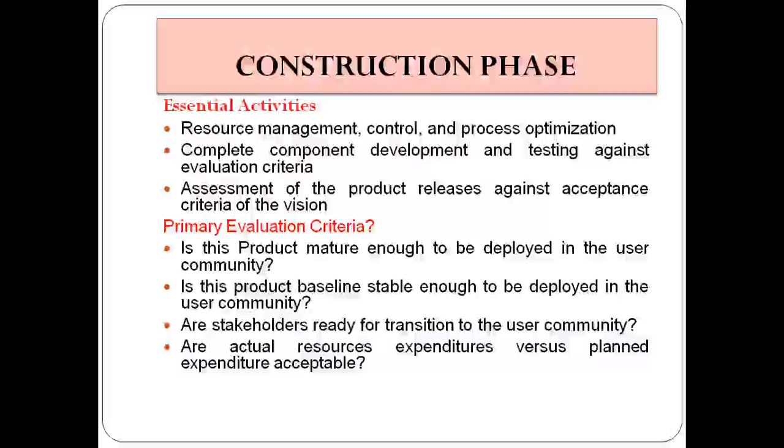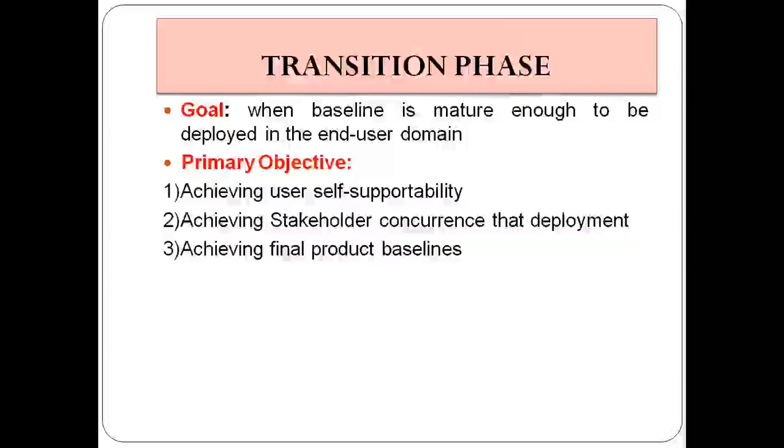Now coming to the last phase of our life cycle phases, that is the transition phase. The transition phase is where we are going to deploy the project to our customers. Now we are making our work model into a work product. The transition phase is entered when a baseline is mature enough to deploy in the end user domain.